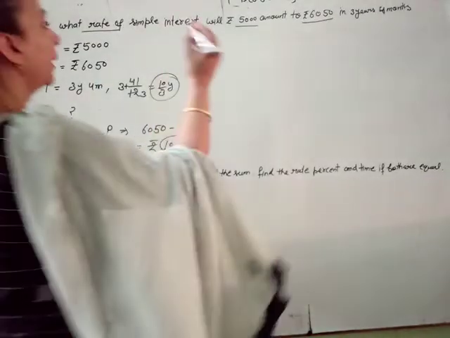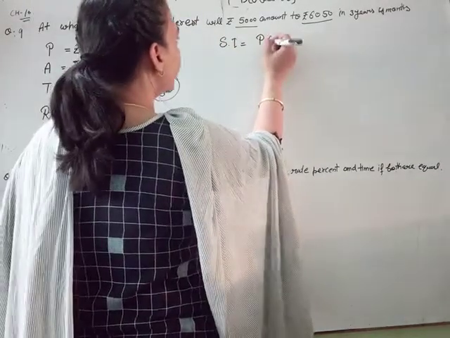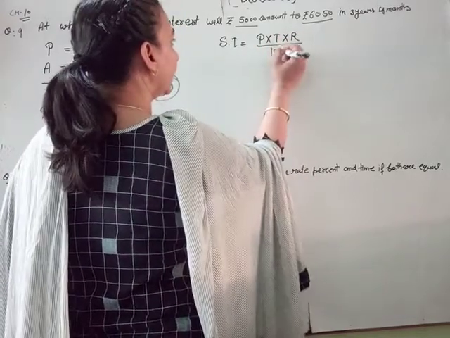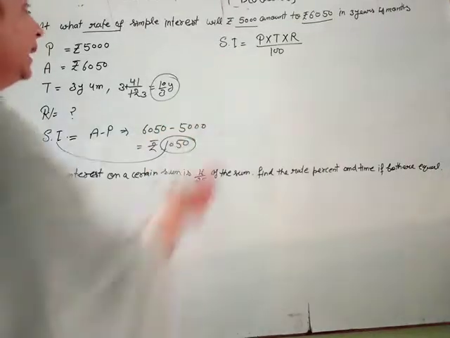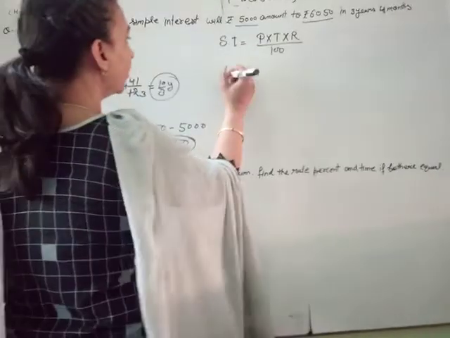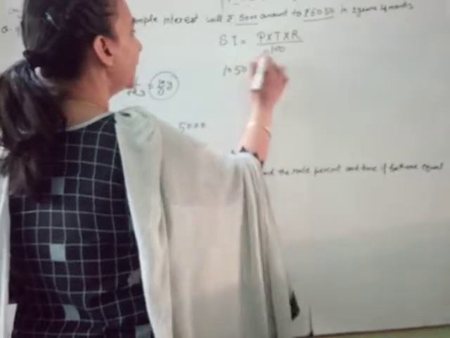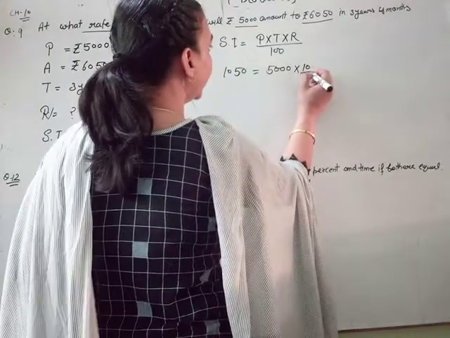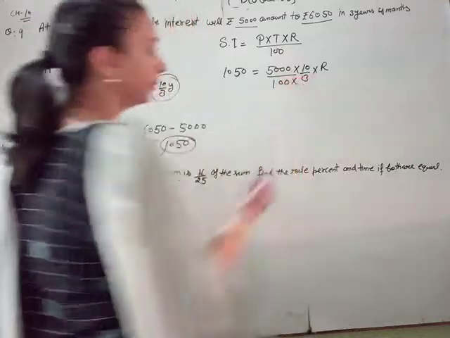Then according to the result for simple interest, simple interest equals principal multiplied by time multiplied by rate divided by 100. This is the formula. Simple interest is 1,050 rupees, equals principal 5,000 rupees, into time period 10 by 3 years, and R as it is because we find the value of R.